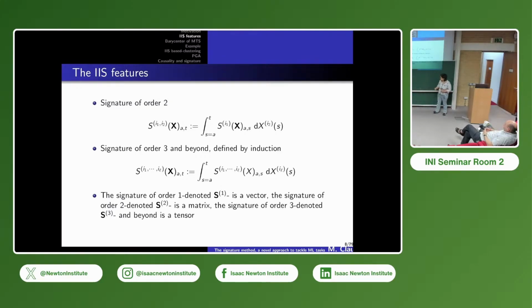Exactly, it's not fixed. In fact, you are integrating on a domain like that, and it is the reason why it is non-symmetric. Somehow you try to understand if there is some delay between this first component and this second one. It is the reason why it is encoding causality somehow.